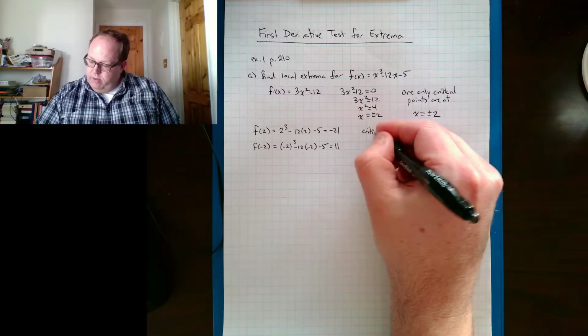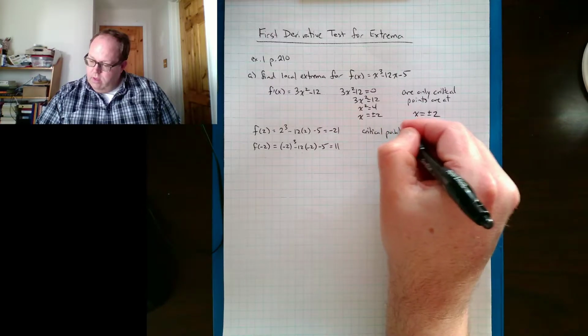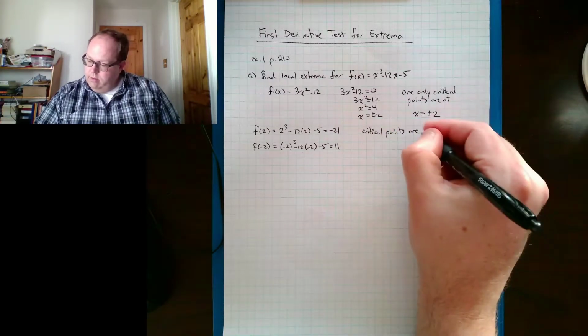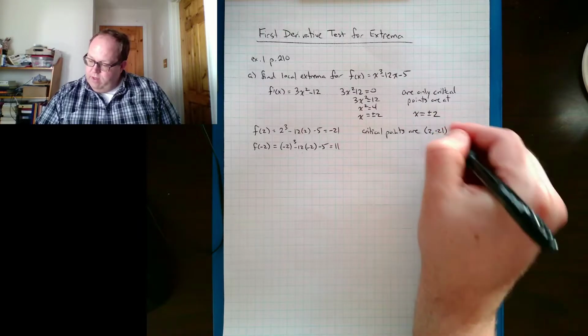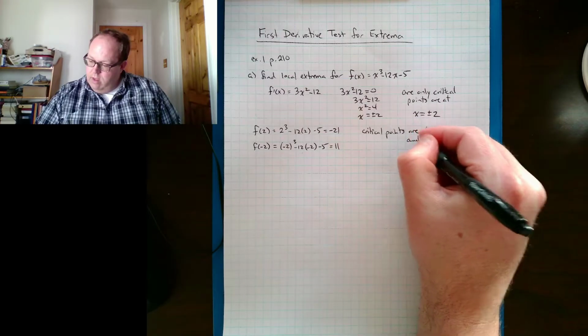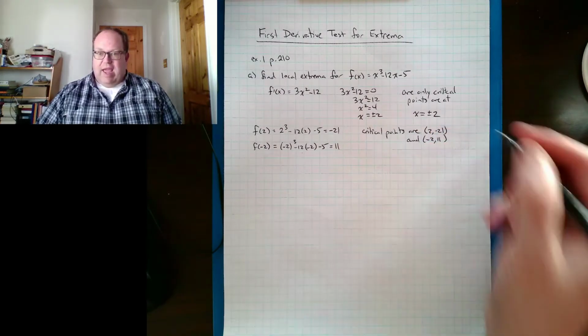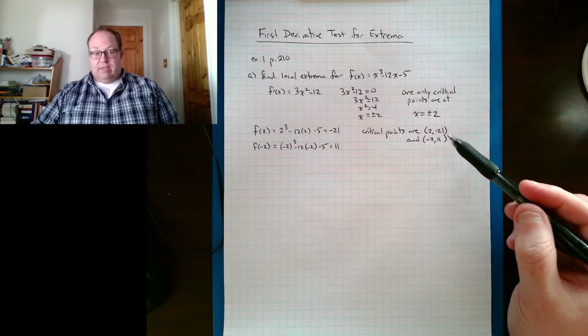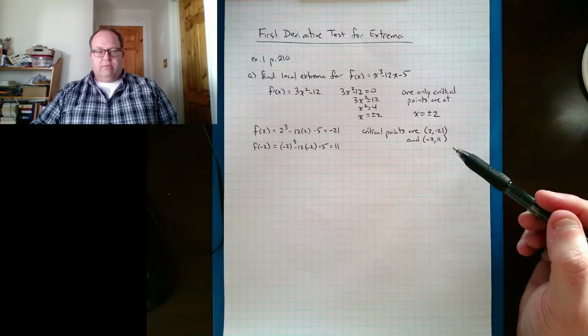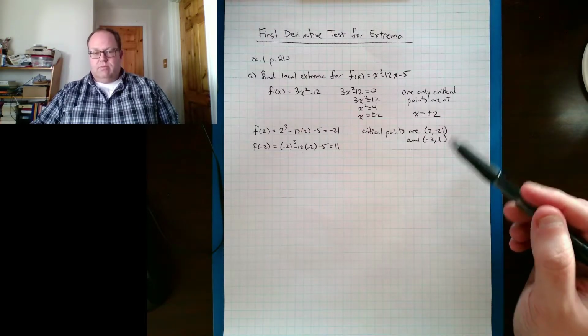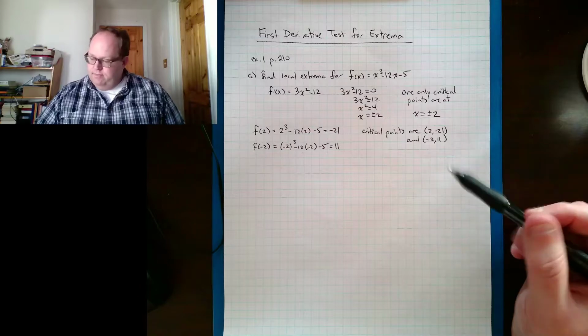So my critical points are 2 and negative 21 and negative 2 and 11. Note that I haven't identified these as extreme values yet, either local or absolute, because I want to look at a little bit more of this.